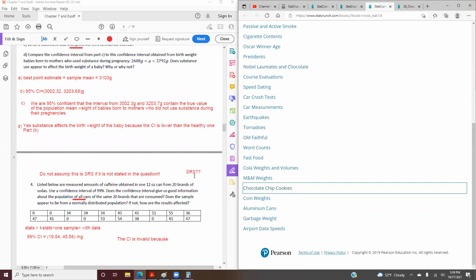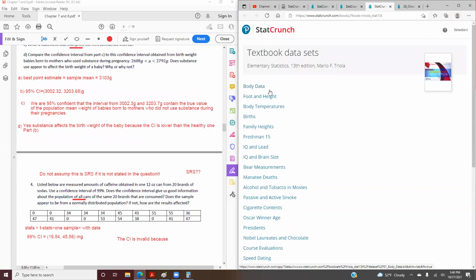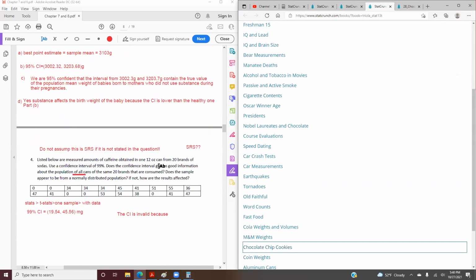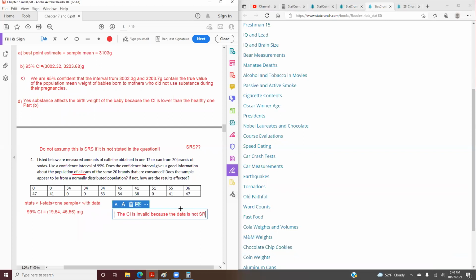If you read in the back of the data set, they mention that all these data are collected randomly. But this is not stated, so we cannot say that. So the reason why this is invalid is because the data is not an SRS.